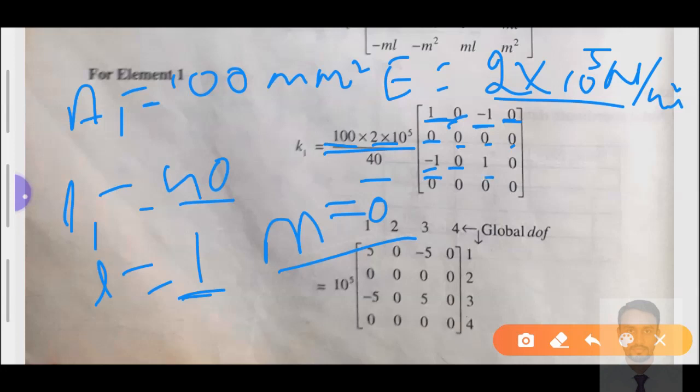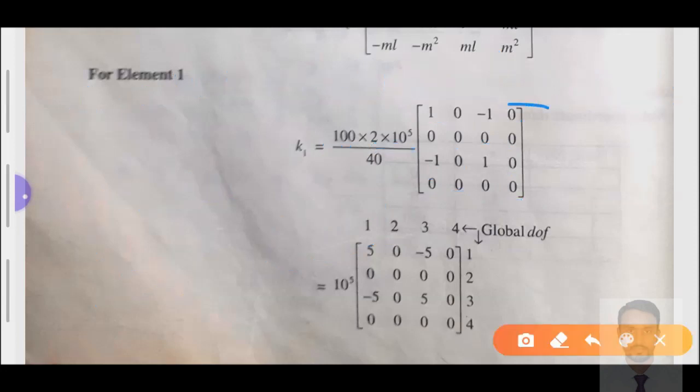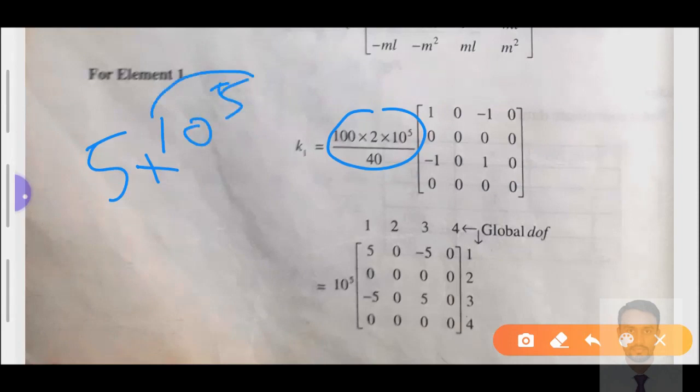Here plus L square 1, we have LM 0. Here minus ML is equal to 0, M square minus M square is equal to 0, LM is equal to 0, M square is equal to 0. All the values we got after calculating are equal to 5 into 10 to the power of 5. I have taken 10 to the power of 5 common, and then 5 I have multiplied inside the matrix.